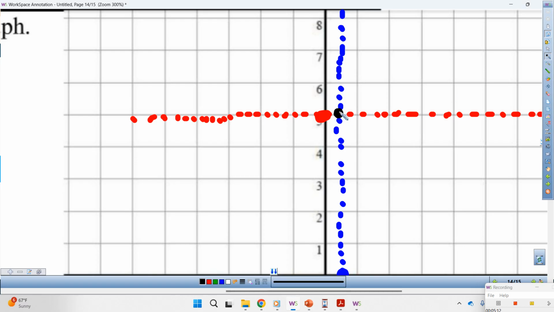So 1 full step from the half, if I go to the left, I'm at -1/2, and 3 down. 1, 2, 3. Okay, plot that one yourself. And then 1 full step to the right from the half, we should be at 1.5, and 3 up, 1, 2, 3. So there's my point.